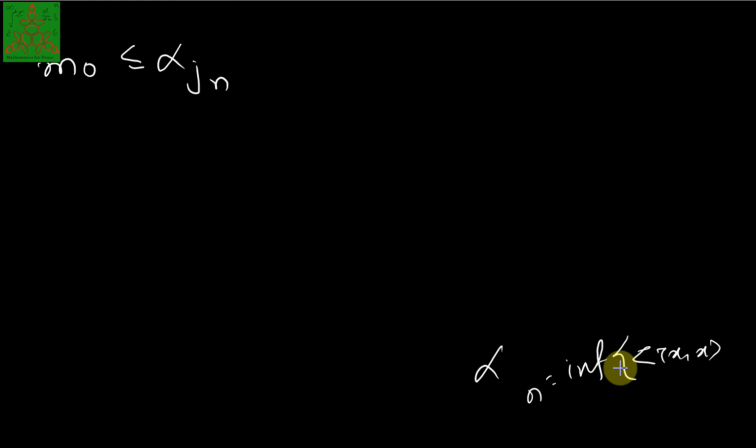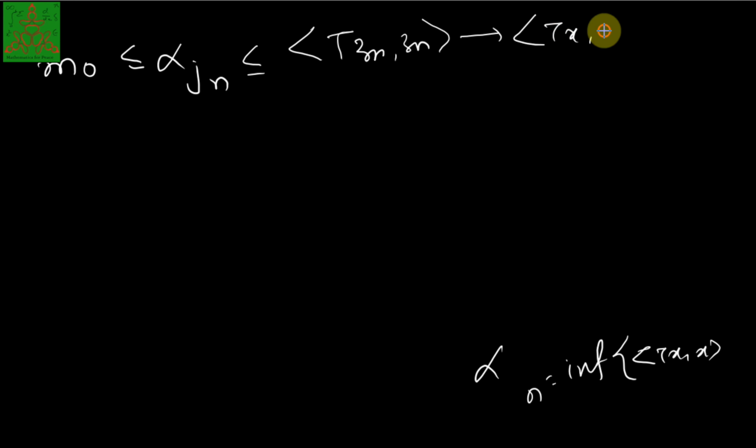So this is the infimum, and m0 is the limit of alpha n, that is less than or equal to inner product of T Zn, Zn, which is tending to inner product of Tx, x because Zn tends to x, so T Zn tends to Tx, so the inner product also tends to it, and that is less than or equal to m0, and which gives you a contradiction, since this is strictly less than m0.